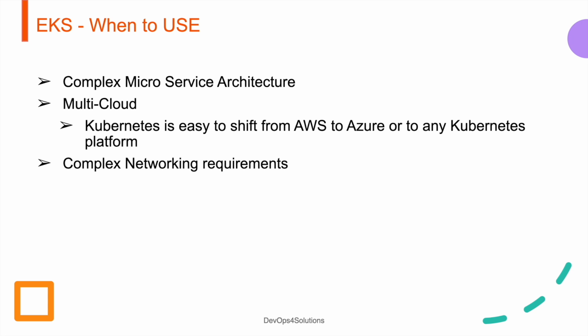But with Kubernetes, you can easily migrate your deployment from one place to another because Kubernetes is common everywhere. And when you have complex networking requirements, like the Istio service mesh, more Kubernetes-based configuration, some access patterns, basically more complex architectures, then go for EKS.